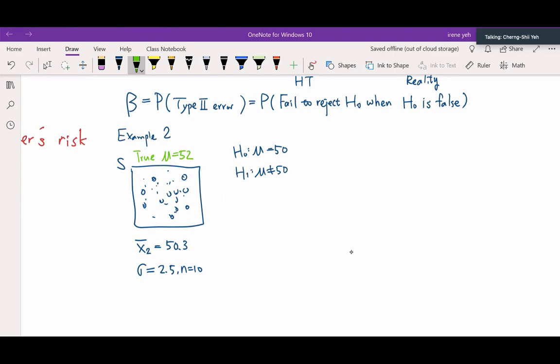I want to show you how we make a type 2 error. All right, similar to our first case, this is our z distribution. My two critical values are plus minus 1.89.